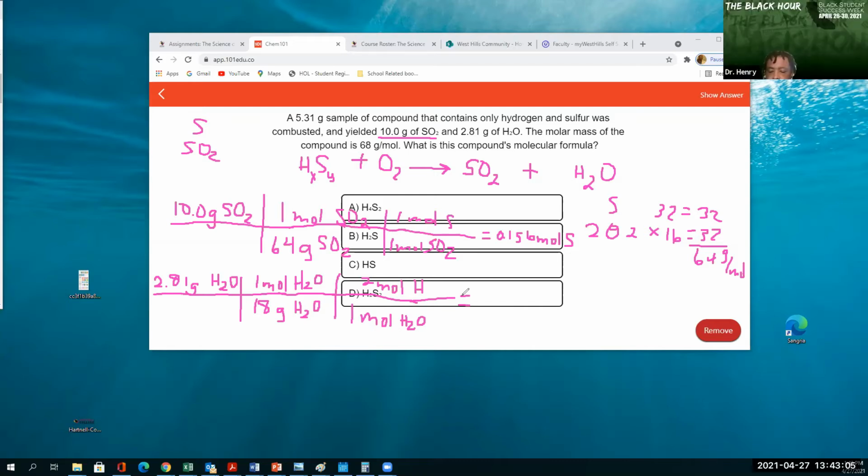Okay, what did you guys get? 0.312. Okay, so what number is smaller? The top one. So we divide everything by that number, which is 0.156 moles.